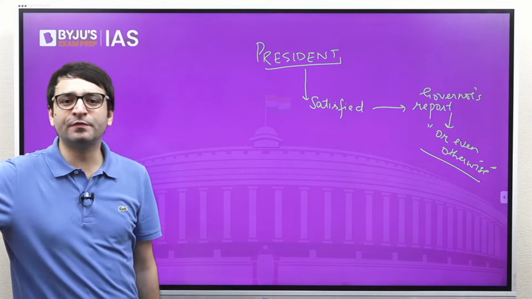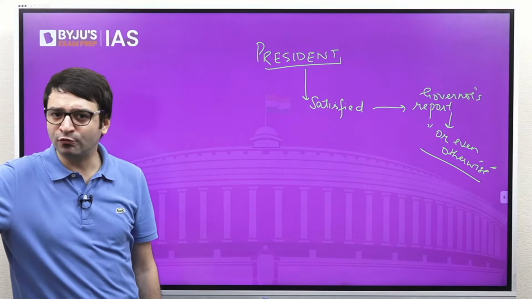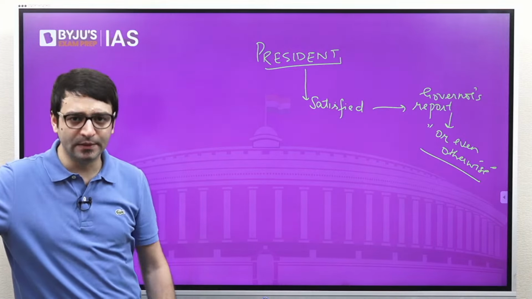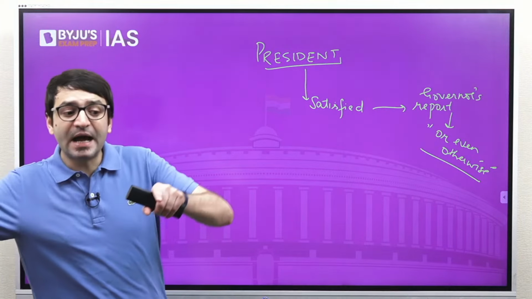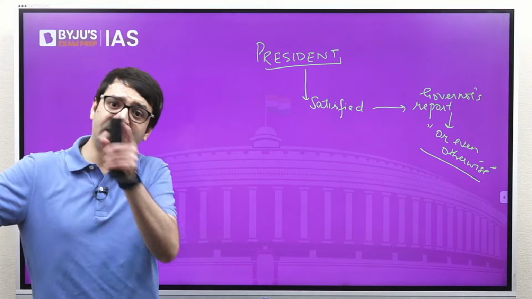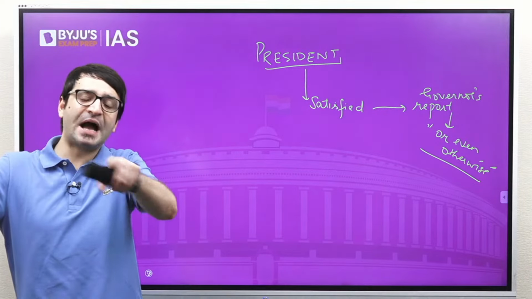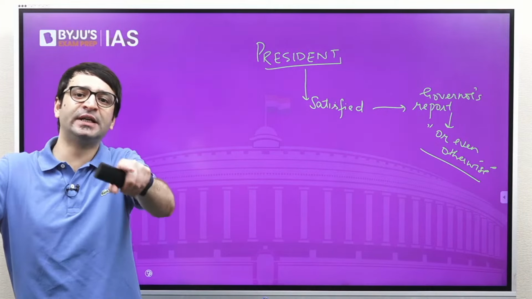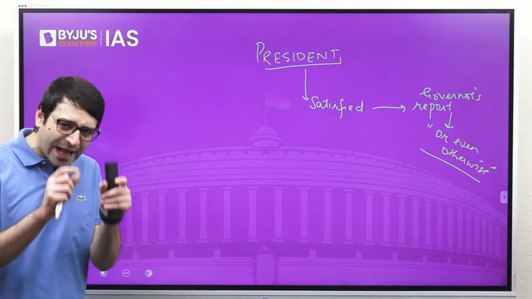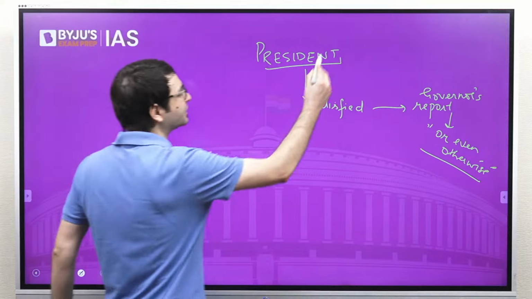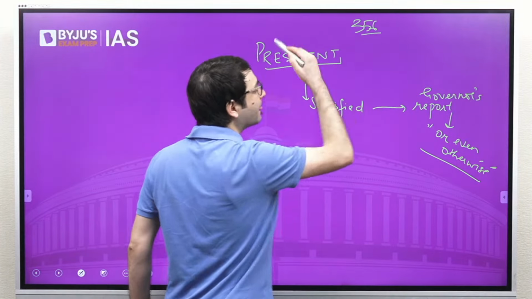This order of Andhra Pradesh High Court was withdrawn by the Supreme Court, luckily. But on what basis can a High Court advise the president that you have to impose president's rule in a state? Where is this provision? This provision can be traced to Article 356 of the Constitution.